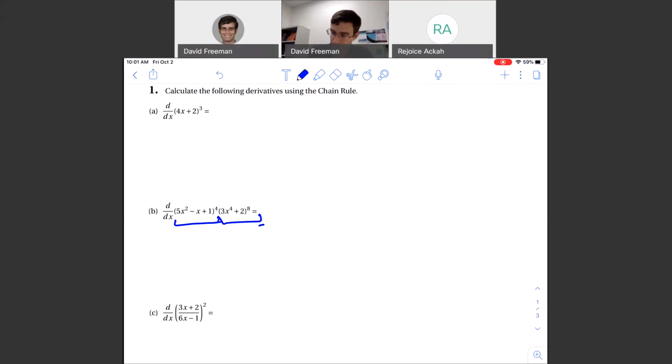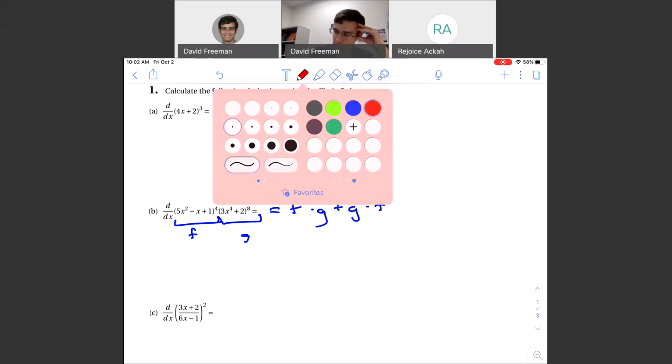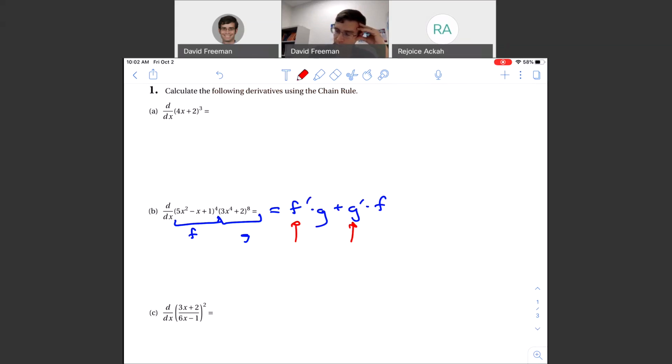You can think of this as F and G, and then you use the product rule and the chain rule. So you do the product rule first, then the chain rule after? Sort of, yeah. It's going to be F prime times G plus G prime times F, and to get F prime and G prime, you're going to use the chain rule. So the first thing you do is set it up using the product rule, and then to get the pieces, you have to use the chain rule. Oh, okay.